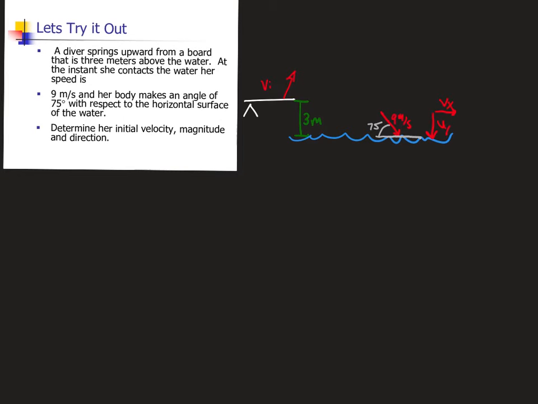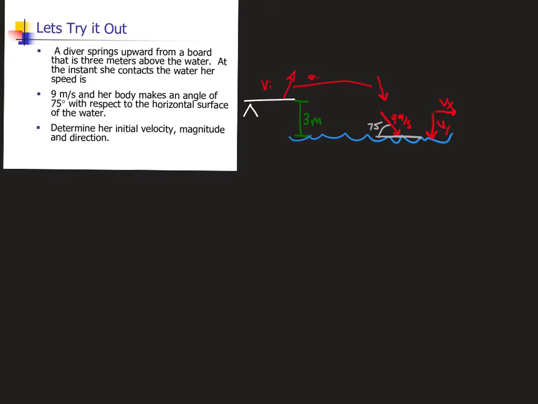We then can use that to find out what the initial velocity was of the diver, because the initial velocity on the diving board is actually going to be the same velocity coming down at that same height.